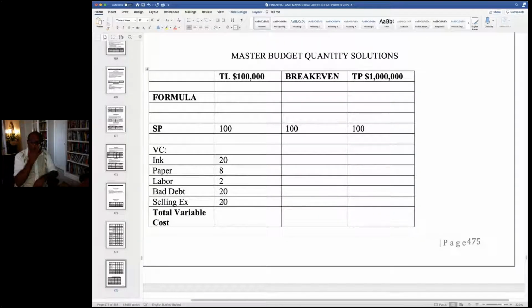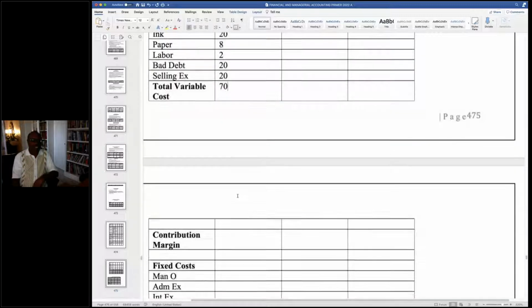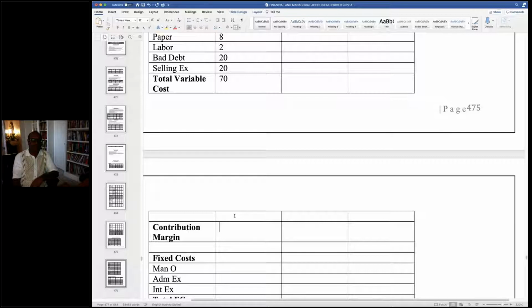We're asking for the bad debts, and we were saying that 80% was collected. So the bad debts were 20% of the selling price. And so the selling expenses, 20% of the selling price. So when we add all of these up, how much do we get? 70. So what is our contribution margin? 30. Our contribution margin is 30.